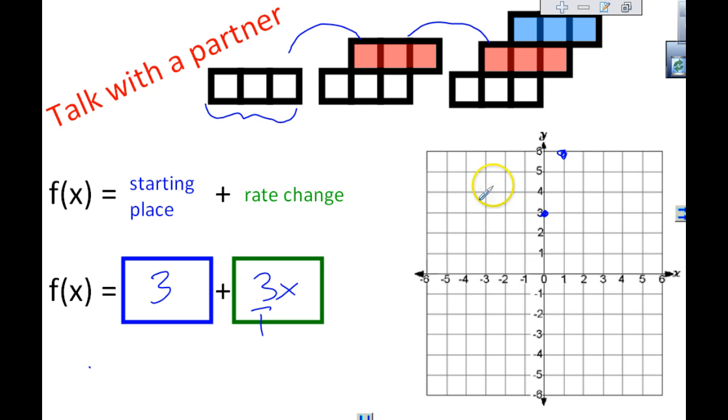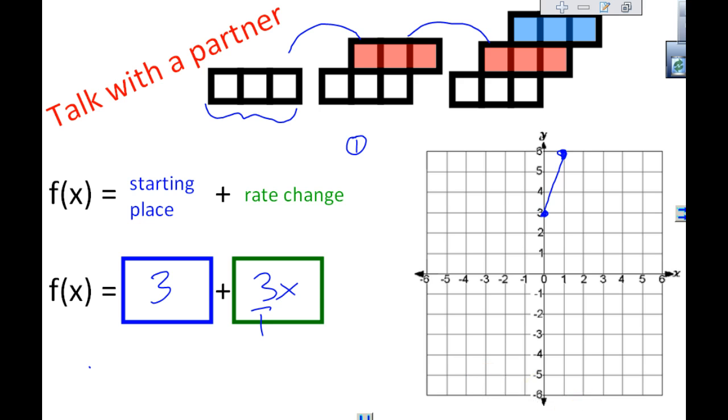We can't get the rest, but does it work? Yes, after the first change, we now have 6 squares total: 1, 2, 3, 4, 5, 6. So the graph agrees with the picture, agrees with the equation. All 3 have to make sense.